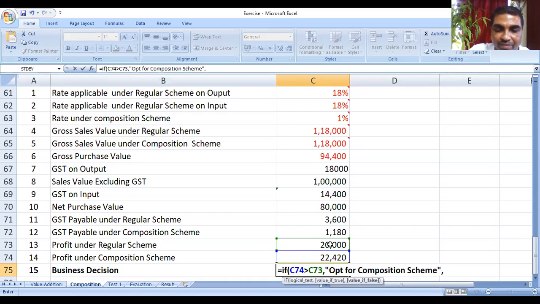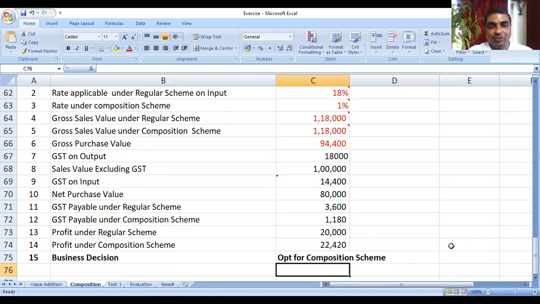That means if it doesn't, then you can write again inverted comma, go for regular scheme, inverted comma ends. Bracket ends. Enter. Now you see the answer is coming out for composition scheme.